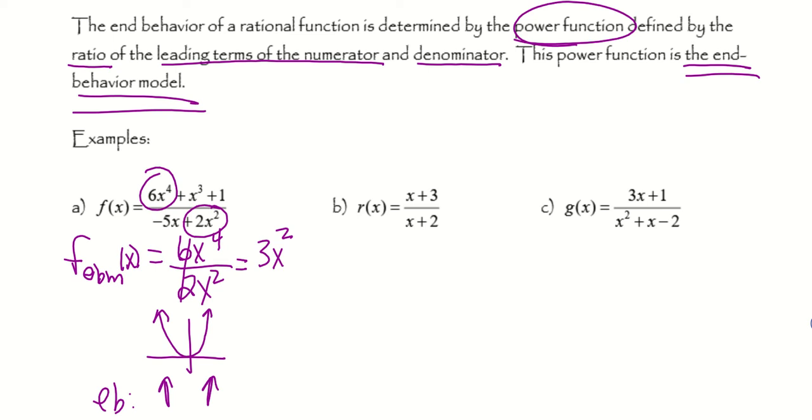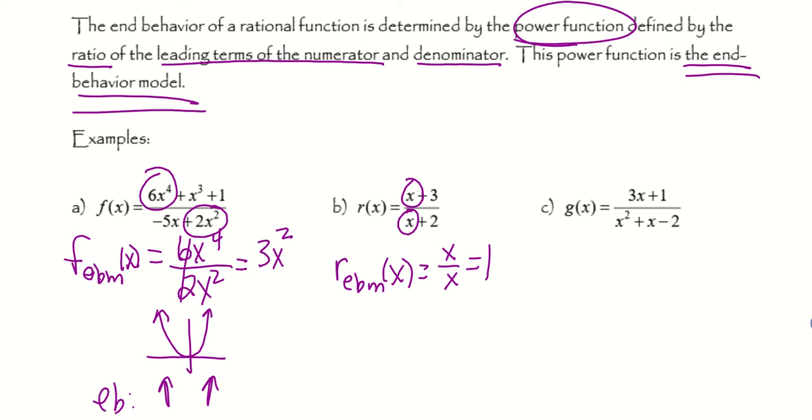For B, my end behavior model for R will be the leading term from the top divided by the leading term from the bottom, which is x over x, which is 1. So this limit's a constant, which brings up something extra that we're going to do, and we'll take care of that a little bit later in the notes.